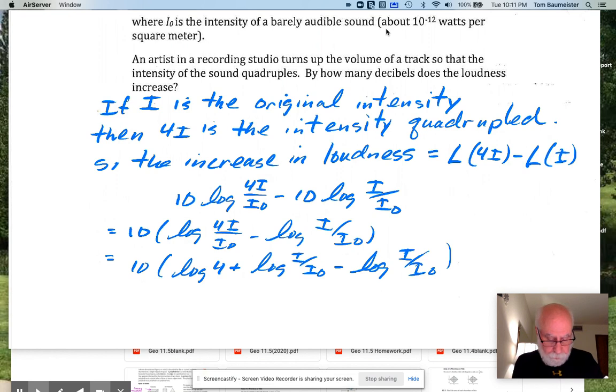All right. So you see what's happening here? We wanted to get rid of something, because we don't know what I and I sub 0 is. So now notice I can get rid of those because I have a plus and I have a minus, so they cancel each other. So what am I just left with? I'm just left with 10 times the common log of 4.